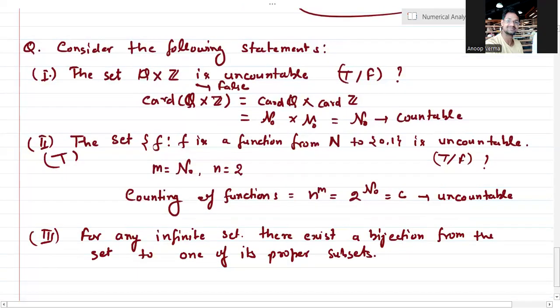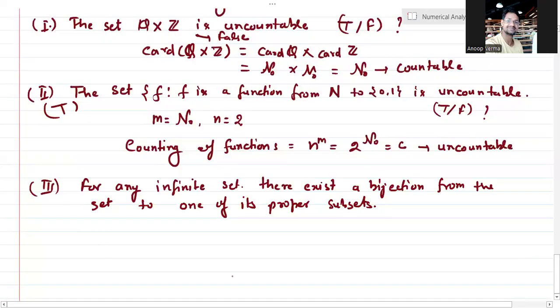It means at least one element is missing from the subset. It is not exactly equal to the original.